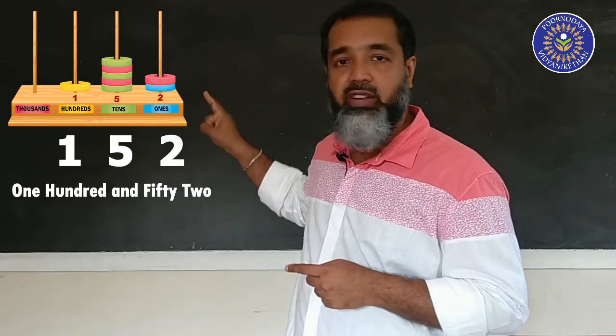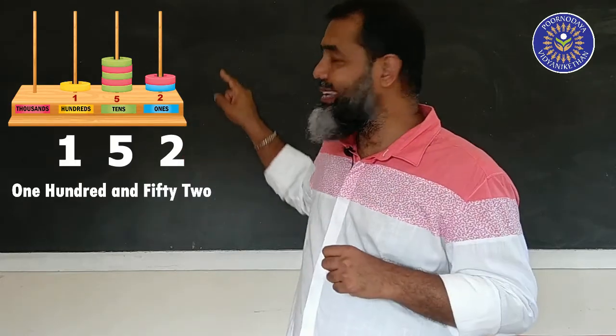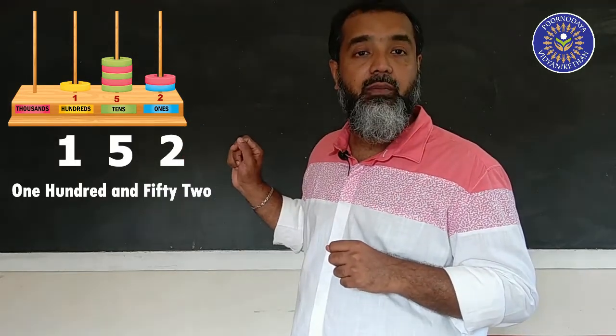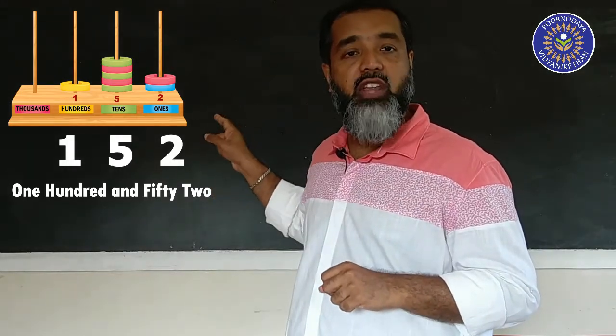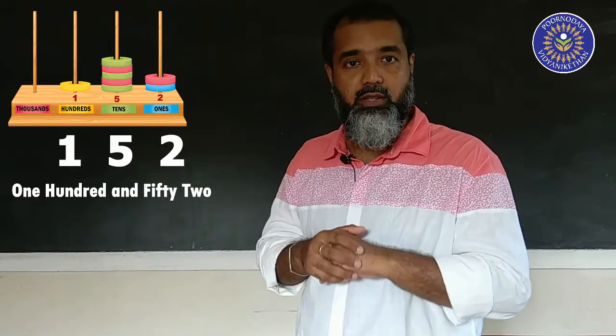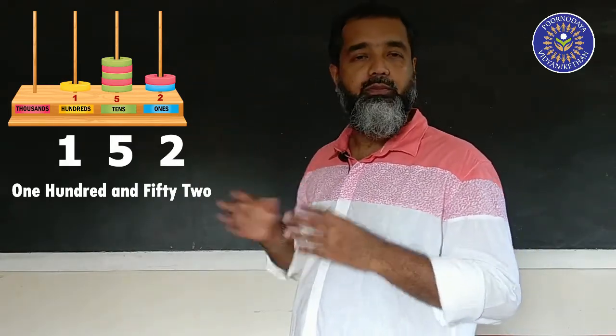Repeat, in the hundreds stick you have 1 ring, in the tens stick you have 5 rings, in the ones stick you have 2 rings. So 1, 5, 2. How would you write?